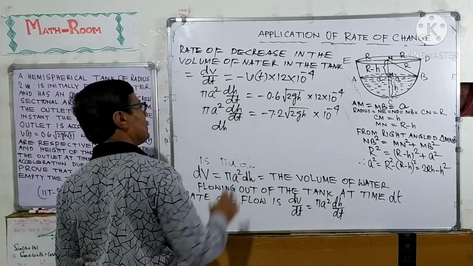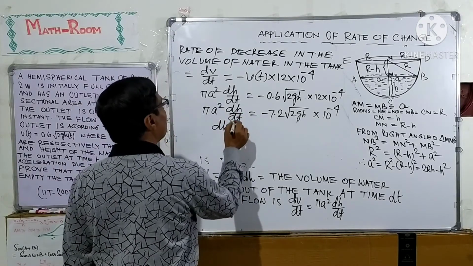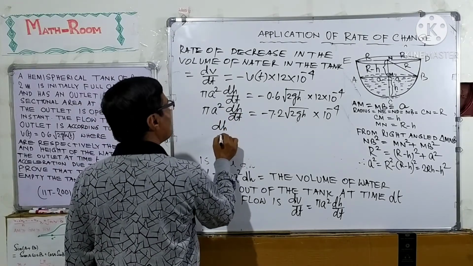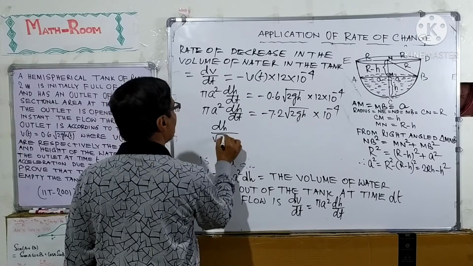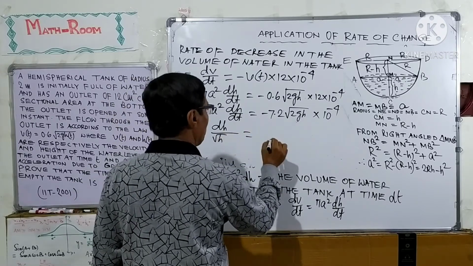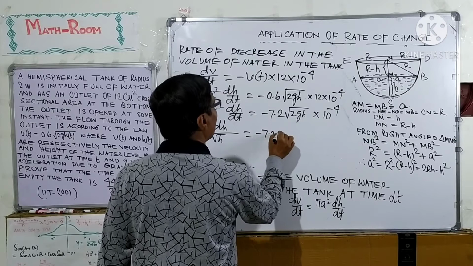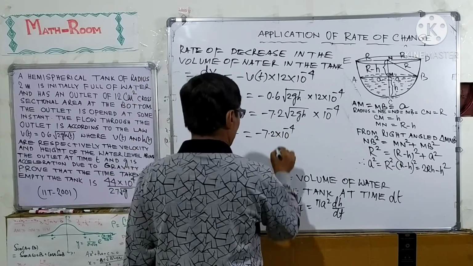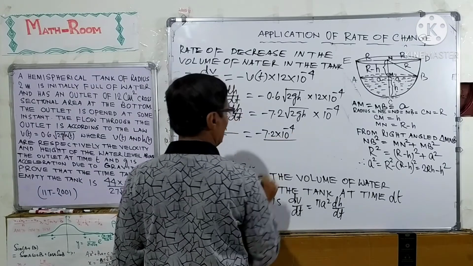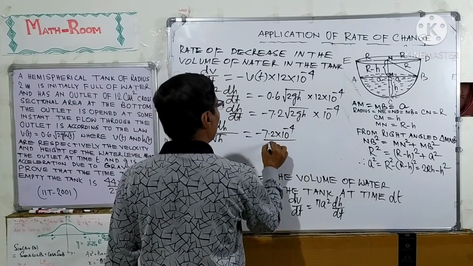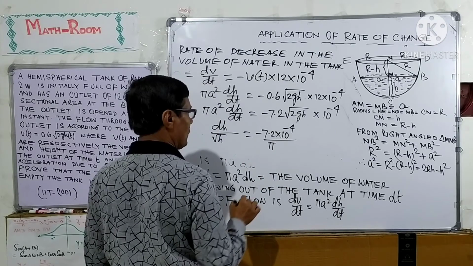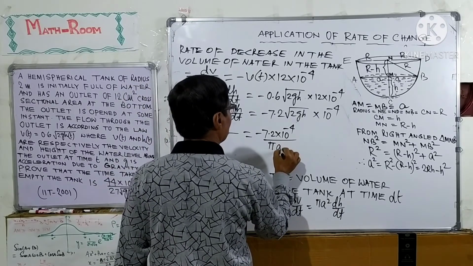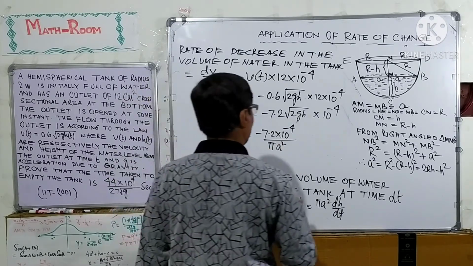To separate these variables, we get dH over root h equal to minus 7.2 into 10 to the power minus 4 over pi s square dt.